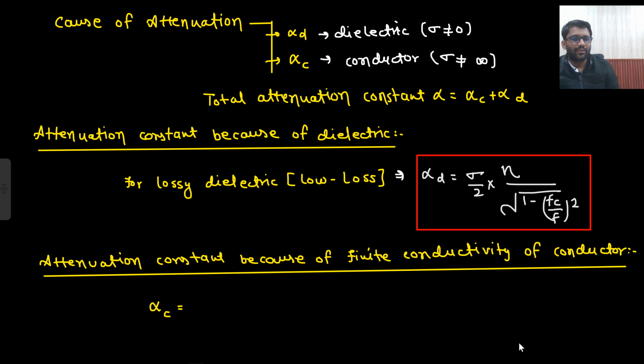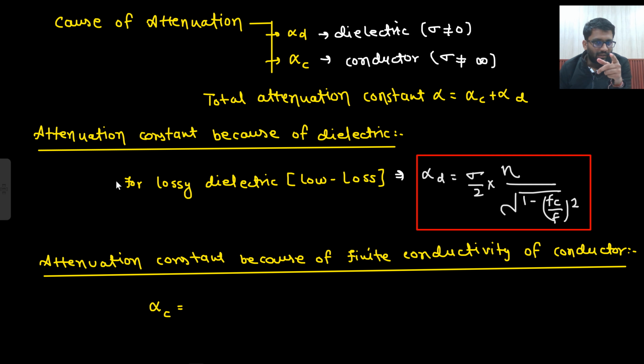Will you be able to remember this point? Attenuation constant because of the lossy dielectric, that would be sigma by 2 into neta. This is something that we already remember. Because of lossy dielectric or because of low loss dielectric, what is the attenuation? That is sigma by 2 into neta. But since we are studying for waveguide, another factor will come into action, that is under root 1 minus fc by f whole square.